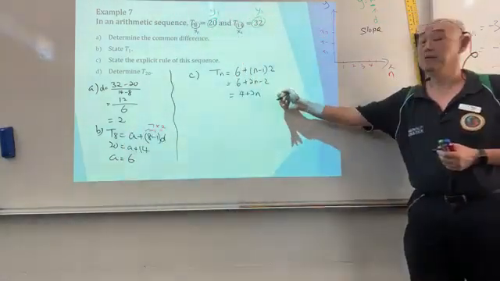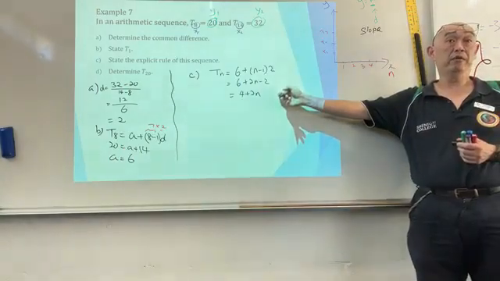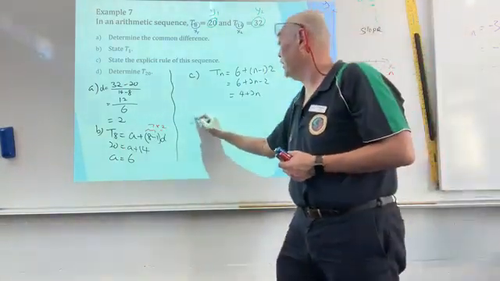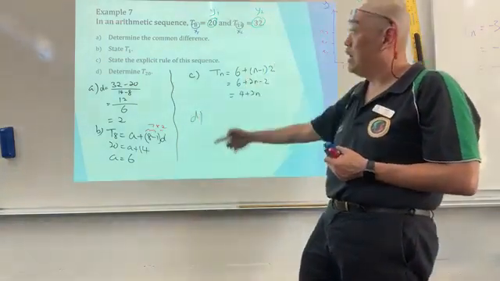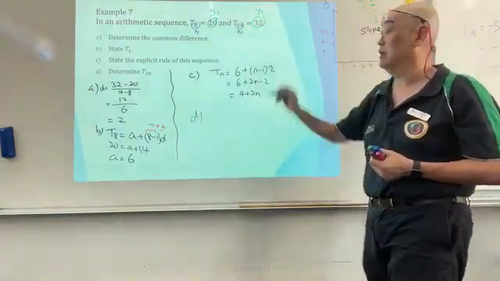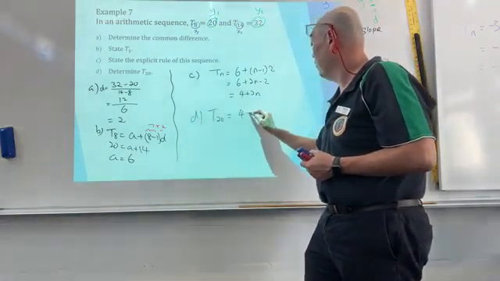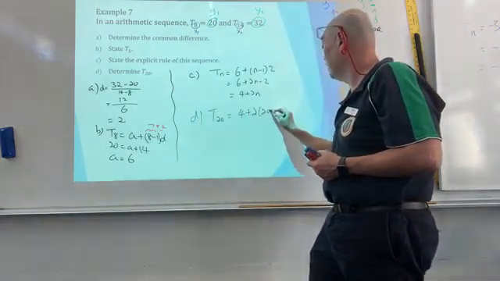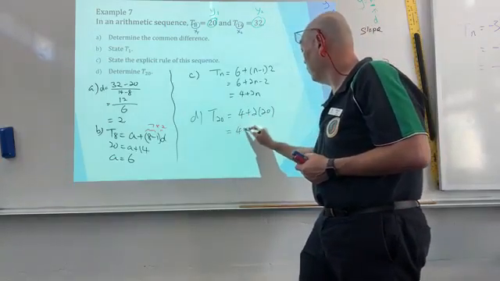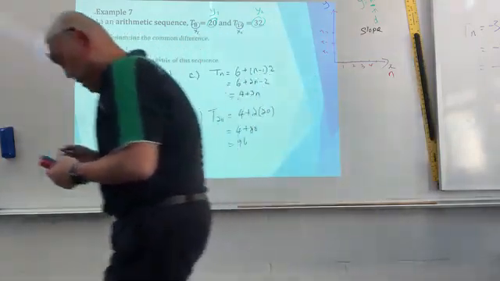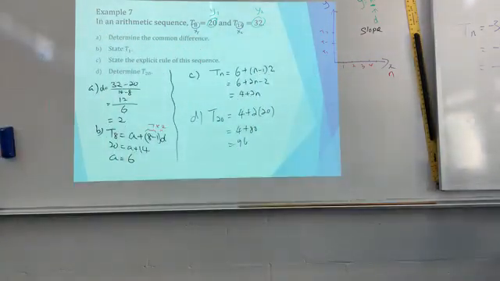Do you all agree with me? Again, I would say that this could potentially be calculator free. Quite a typical exam question, this one. So T20 will then equal 4 plus 2 times 20, which is 4 plus 80, which is 96. I would say that something like this is potentially the first question of your test.